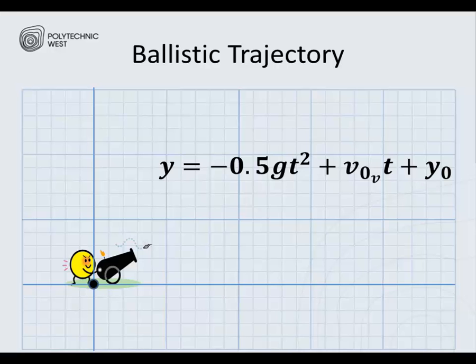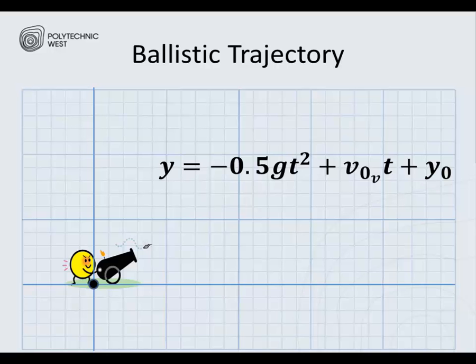Looks horrible, but it's not too bad. The g, that's just gravity, because when you fire up in the air it tends to fall back down. The v0, that's the initial velocity given to it by the gun. And the y0 is the height that you're firing the gun from. Maybe you're standing on a hill or something.